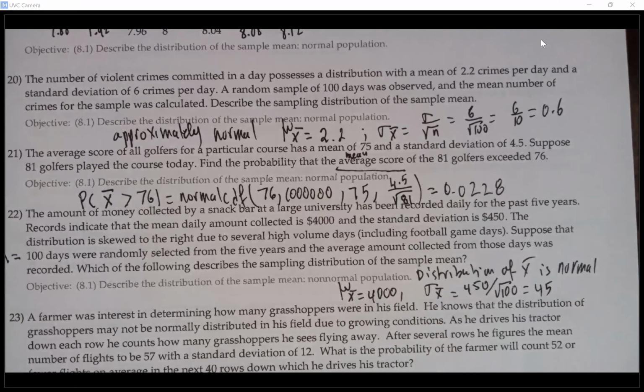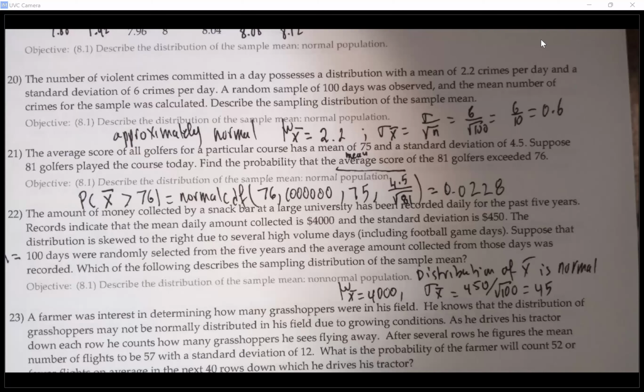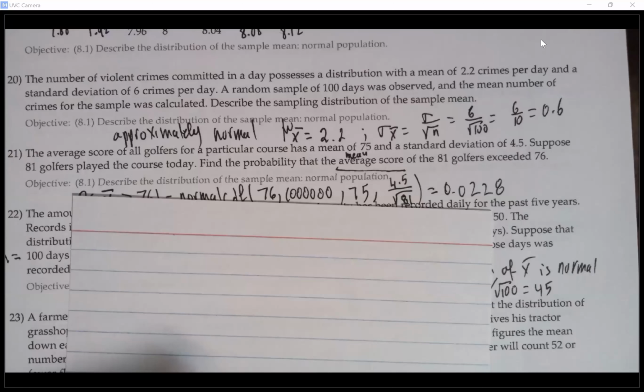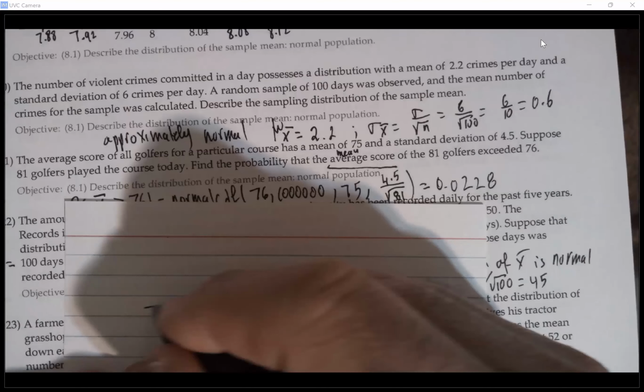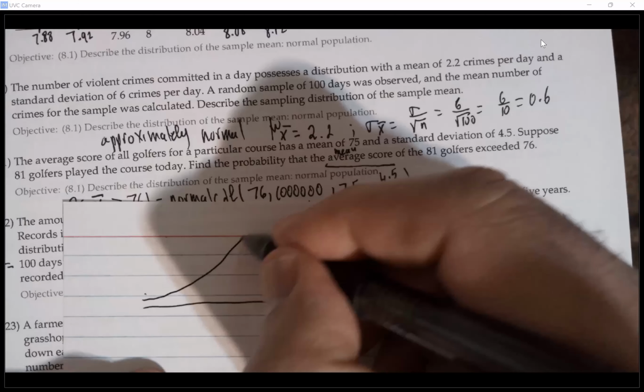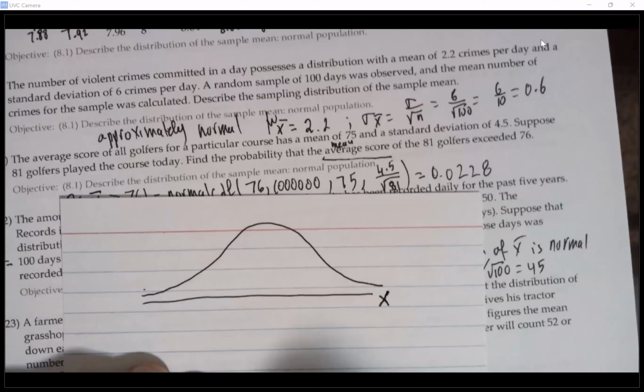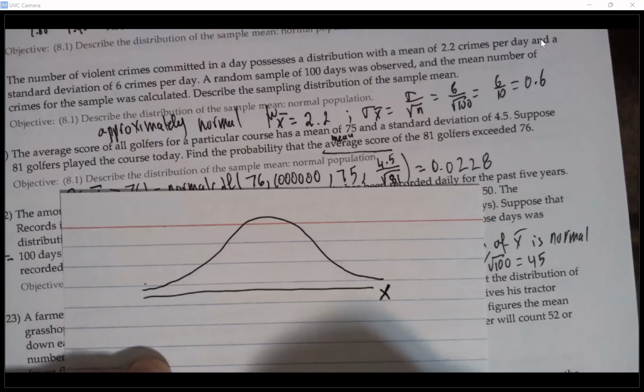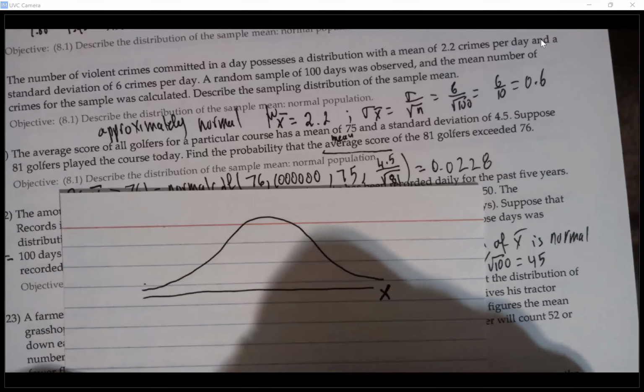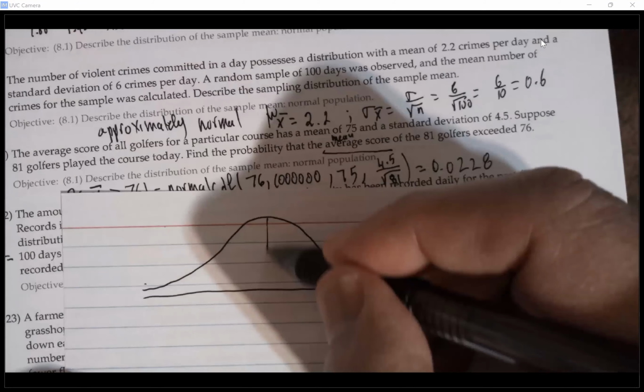In other words, here is one thing to be aware of. In other words, this is the distribution of X. If I ask you to draw the distribution of X bar, guys, let's say the mean here is 50.